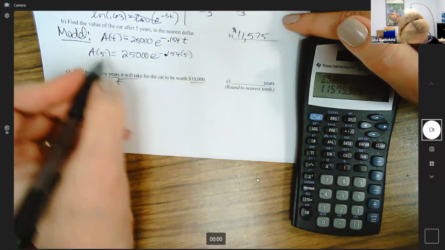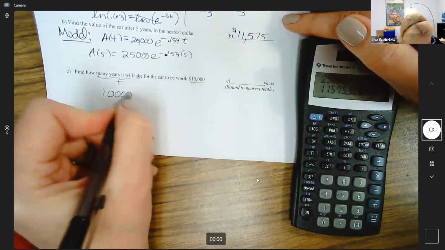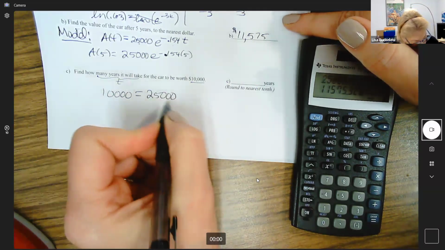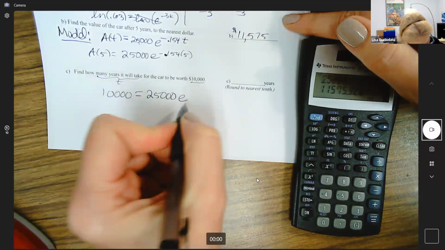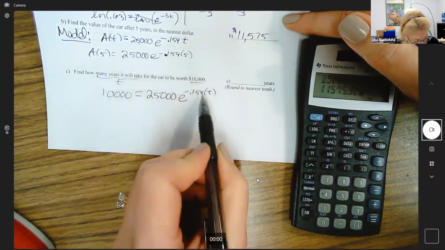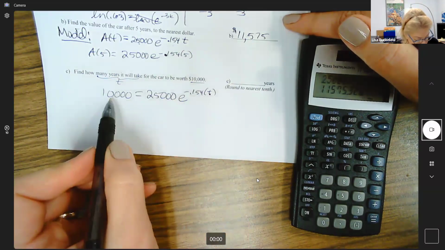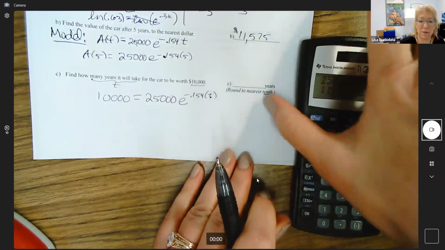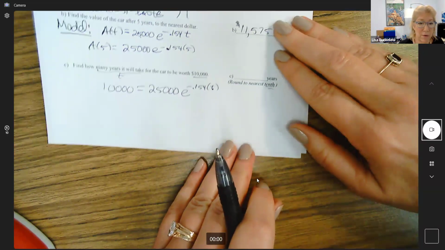So we want to know if the outcome or the value is $10,000 on an original car's value that was 25,000, how many years approximately will that take to depreciate to $10,000? And we can round it to the nearest tenth. We're going to have to round because it's going to have a logarithm in it.